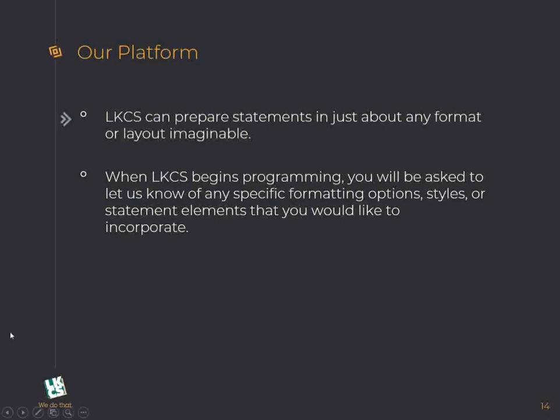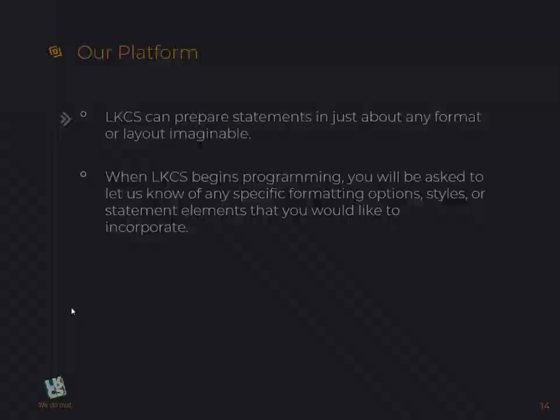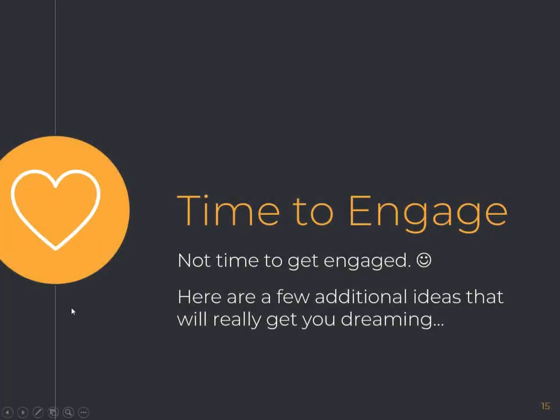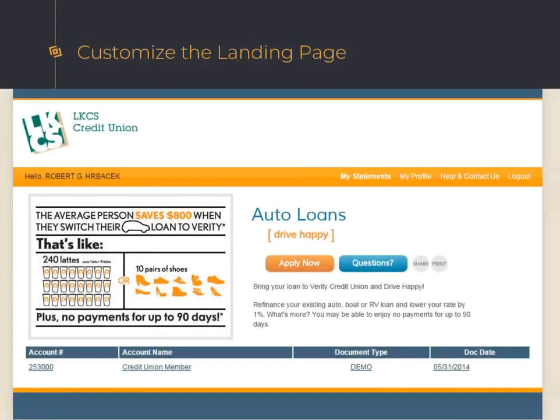And again, we can prepare that statement, redesign that statement and that e-statement in just about any format or layout that you need. And it can get more exciting than that. We can really get engaging with those e-statement users. We can do some exciting things like customize that landing page.